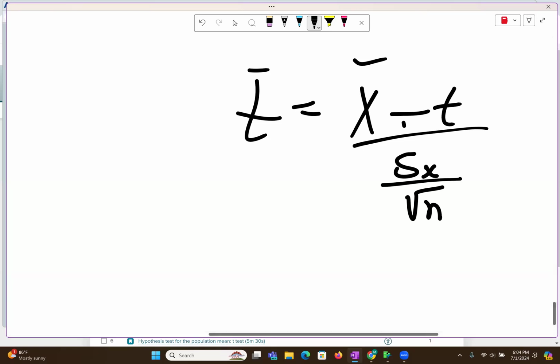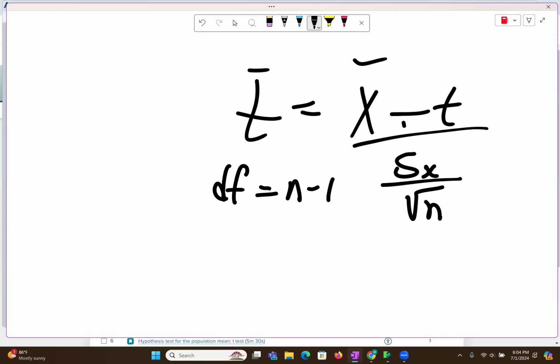My t value requires the degrees of freedom, so you're going to take the sample size n minus 1. You're going to find from that the t distribution value. If you just take down that information for now, we could start.